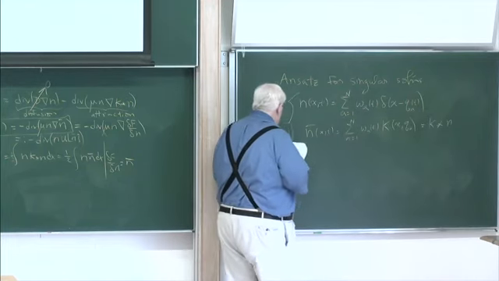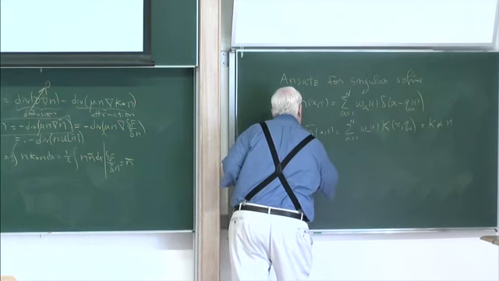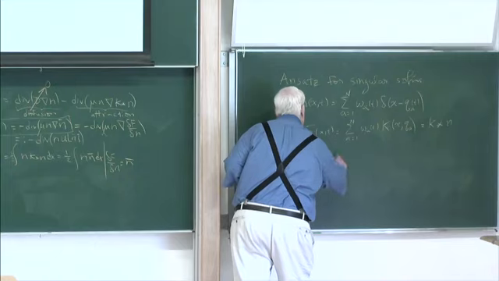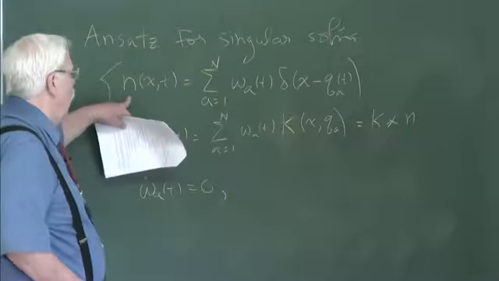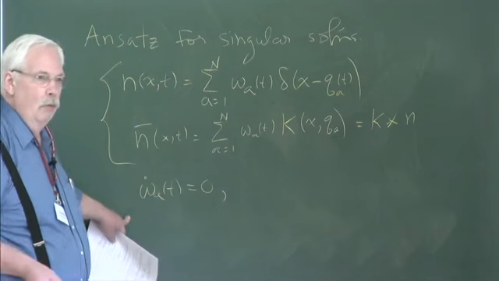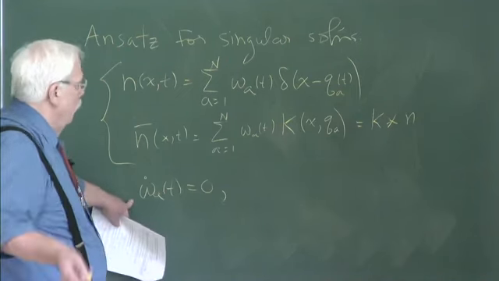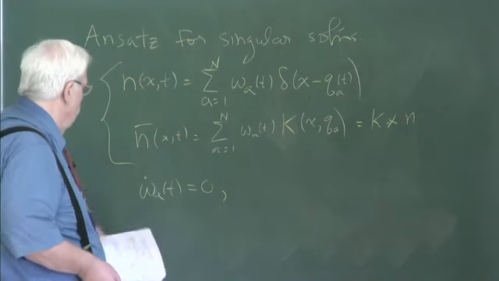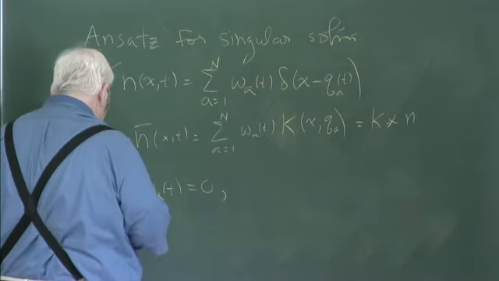And when we substitute it in, we get w_a dot of t is 0. This always happens when you put this sort of substitution into a continuity equation. The weight is preserved. Each individual weight is preserved.